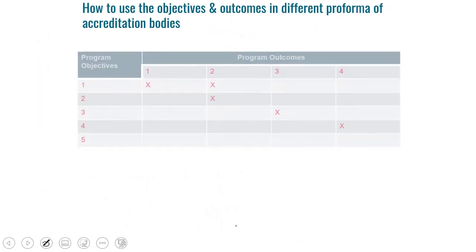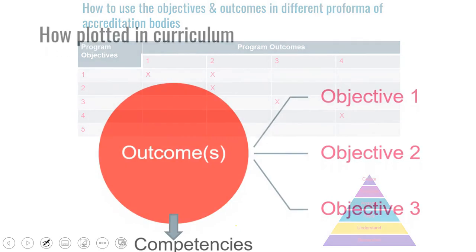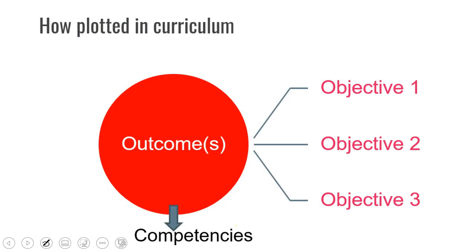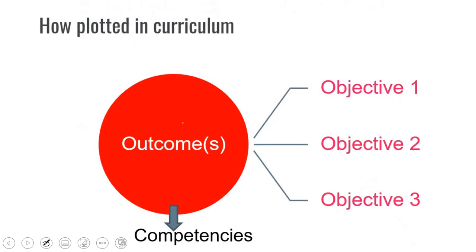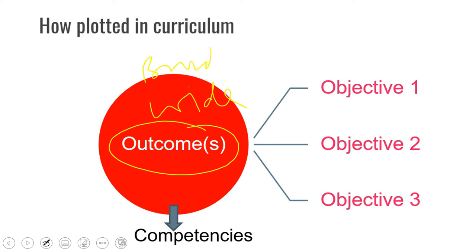Now, let me proceed. How to use objectives? As we have already discussed, this slide describes that a particular outcome may be so wide, so broad, that it can encompass objective number 1, objective number 2, and objective number 3.